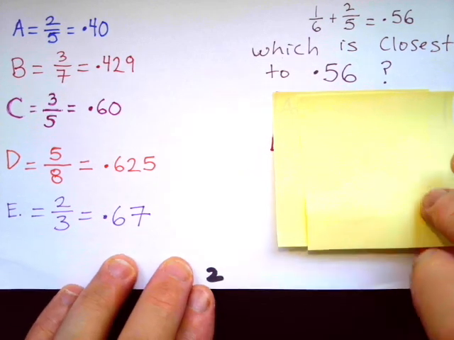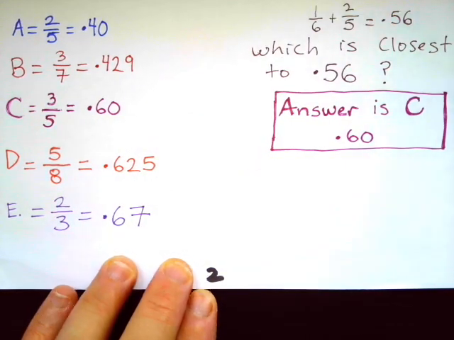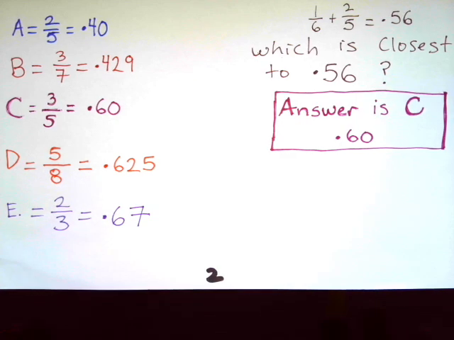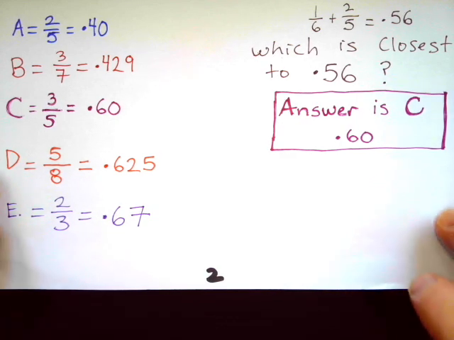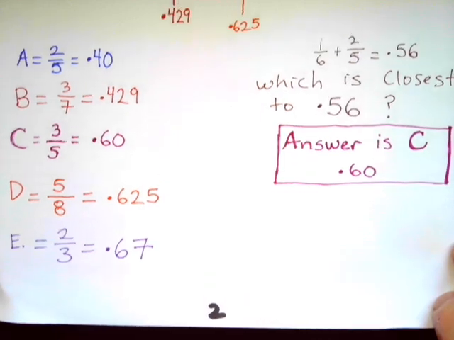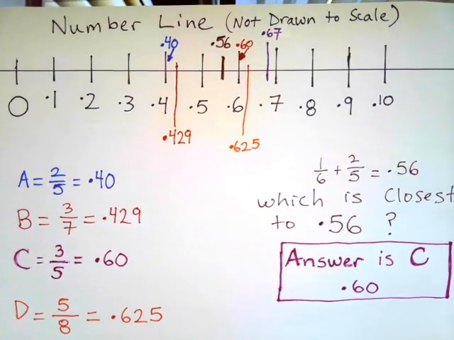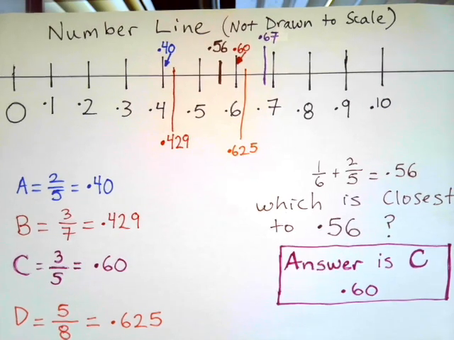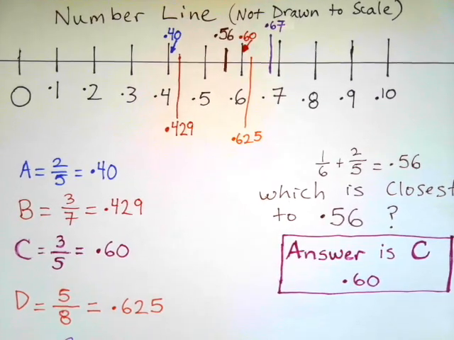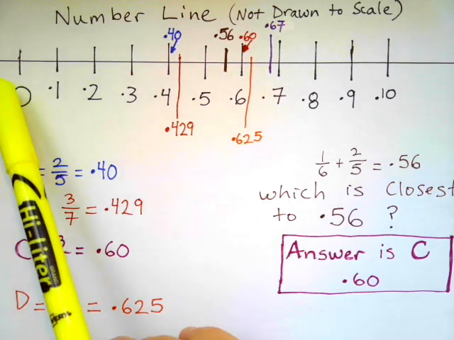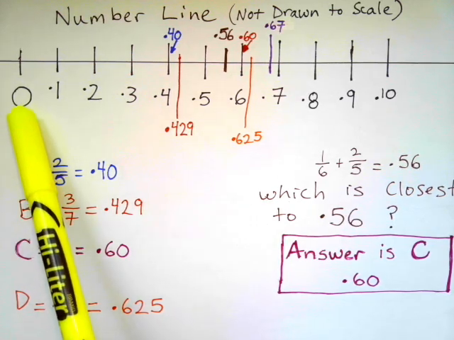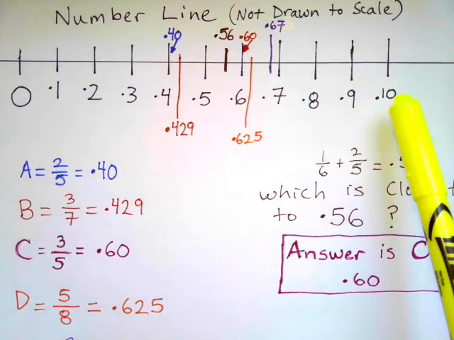So if you had a hard time seeing that the answer was C, I'd like to show you a number line that I had created above. So please be patient with me here. It's not drawn to scale. This is just the best of my abilities that I could do creating these problems here from home. And so I wanted you to see how I created a scalar number line that goes from 0 to 1.